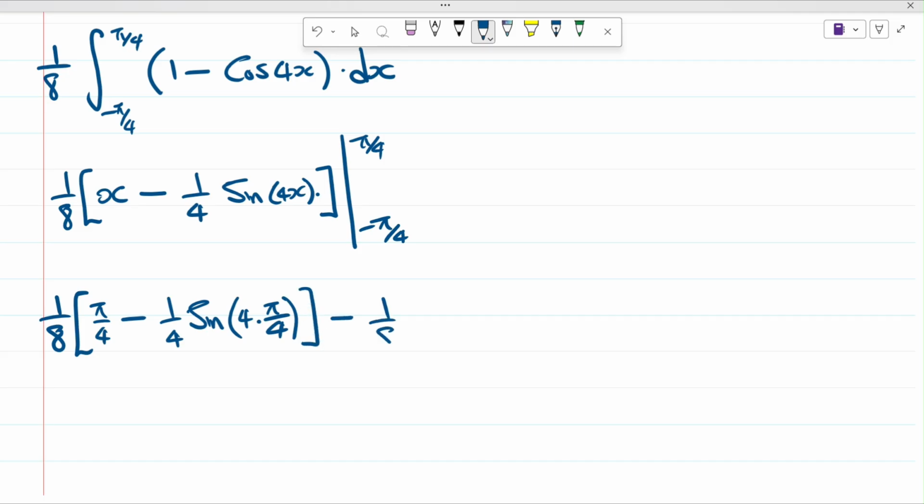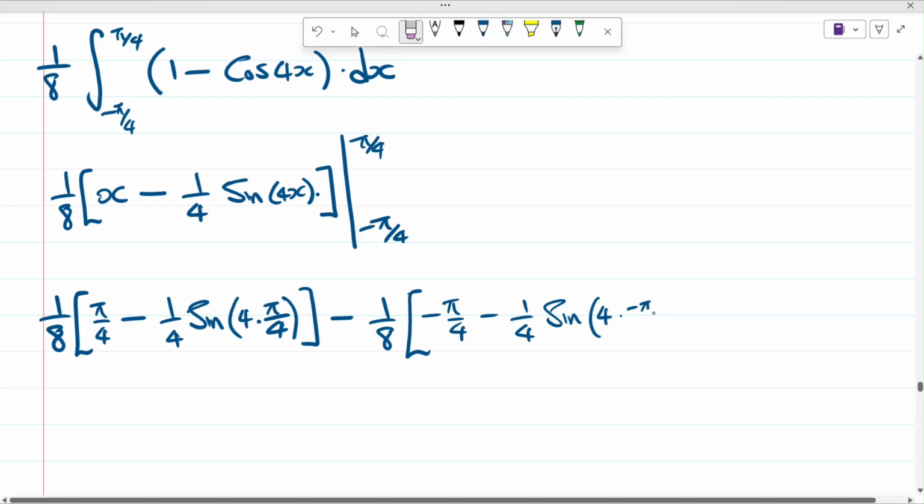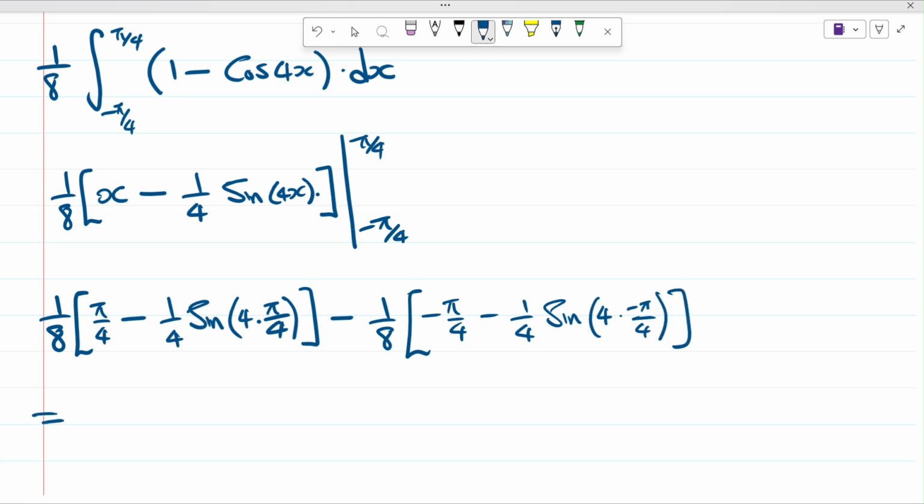Then minus 1 over 8, you substitute the same thing again: negative pi over 4 minus 1 over 4 sine of 4 multiplied by negative pi over 4, and then you close. You then use your calculator. Please make sure it's in radians for you to get the same answer as the one that I'm going to get.